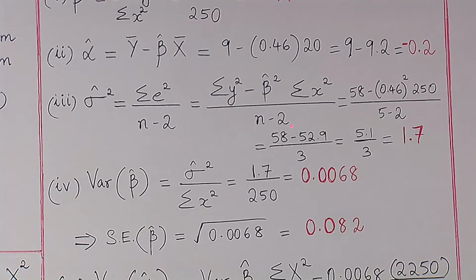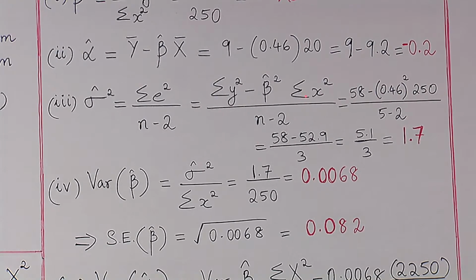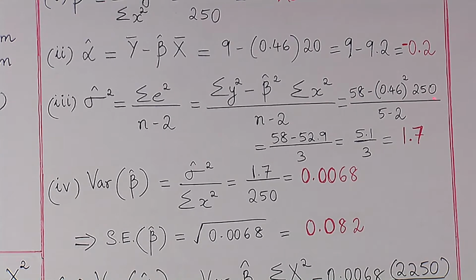So, you get n minus 2 is 5 minus 2. Similarly, substitute sigma small y square as 58, beta hat square is nothing but 0.46 whole square and summation of small x square is 250.